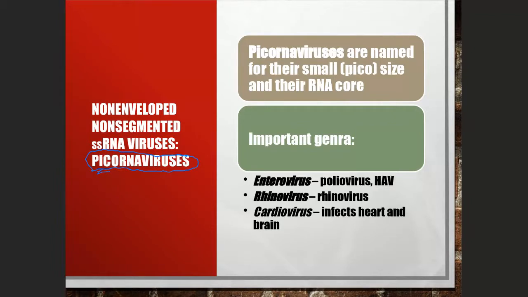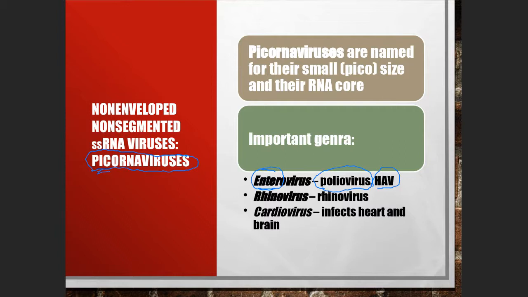There are several types. Enteroviruses, including the one that causes polio, poliomyelitis, and also hepatitis A viruses, are in the group of picornaviruses, a subgroup of enteroviruses. Entero means the virus goes to our GI tract.